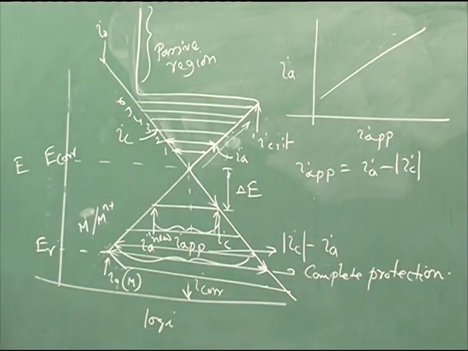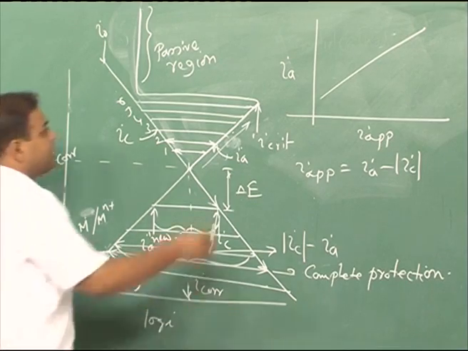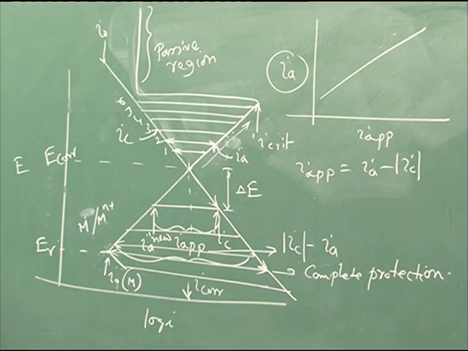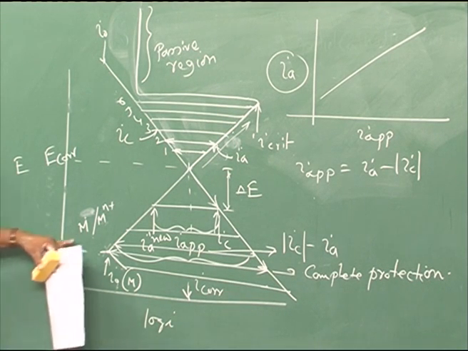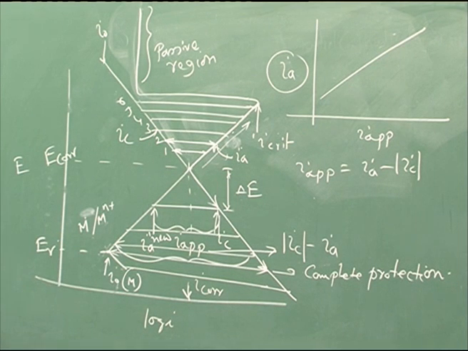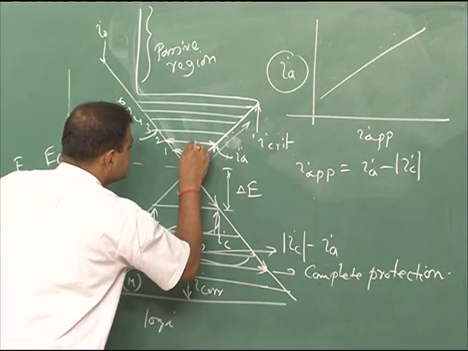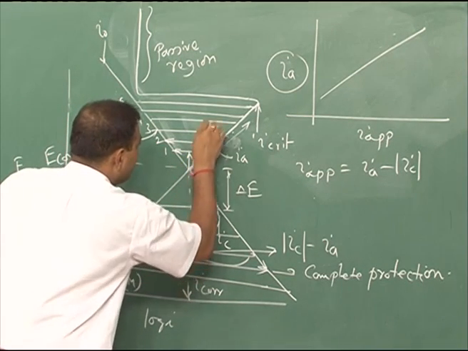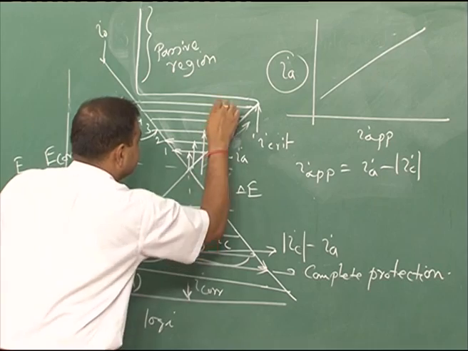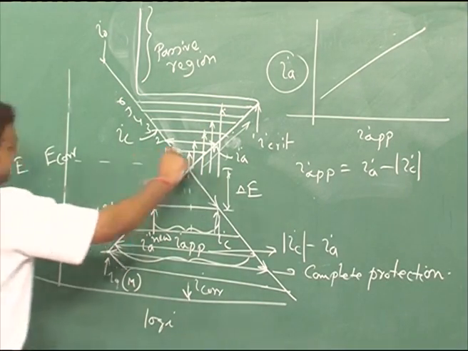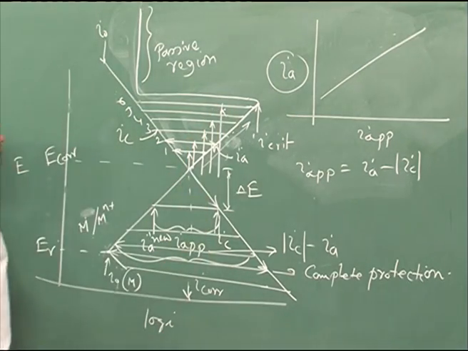So my corrosion rate will also increase, because IA means the corrosion rate, or the anodic dissolution current for the metal object. We are also going towards the positive polarization direction, that means delta E is gradually increasing.